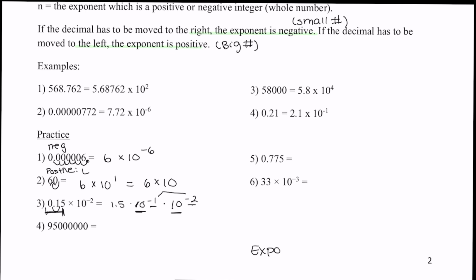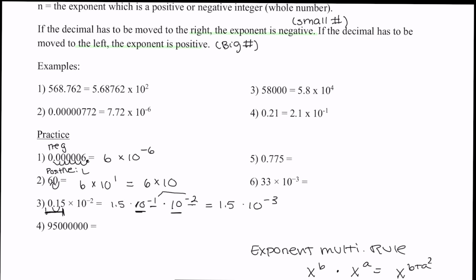The exponent multiplication rule is saying that if the bases are the same and you multiply by a different exponent, you just add those exponents together like that. So if I do that, I get 1.5 times 10 to the negative third.